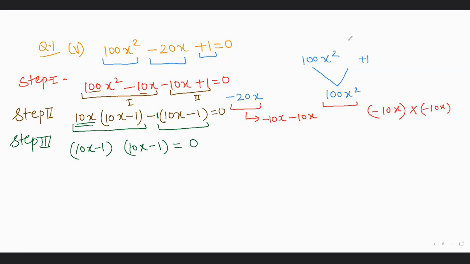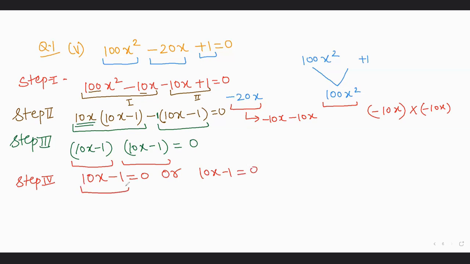So students, now you can see the interesting thing again. We have two factors here and both the factors are the same again. In step 4, if you equate both parts equal to 0, what will you get? From the first, it is x equal to 1 over 10.